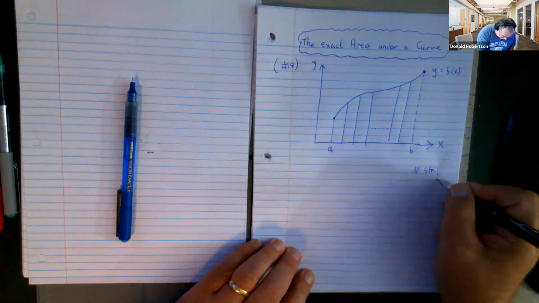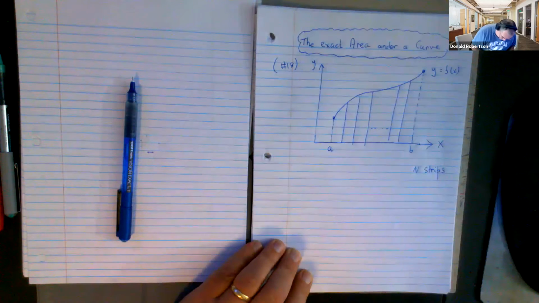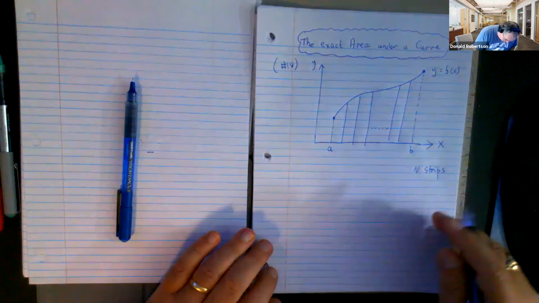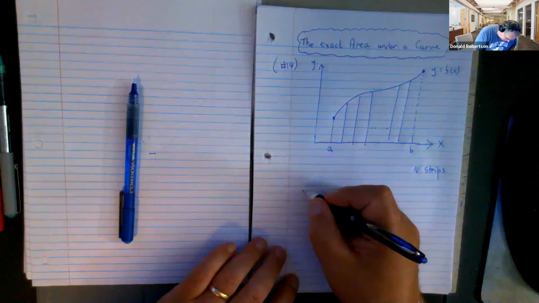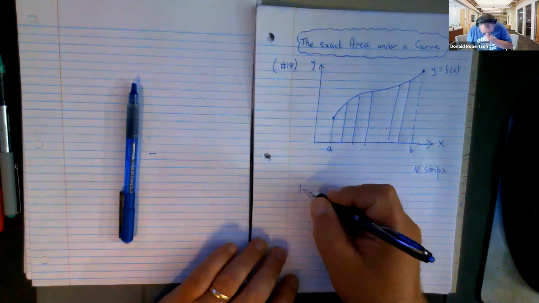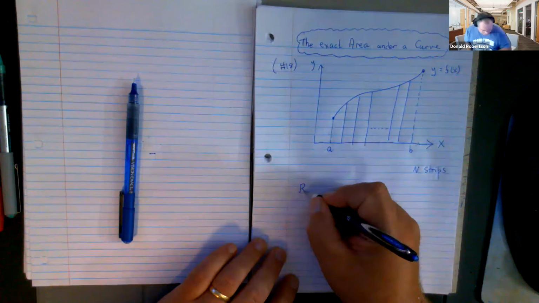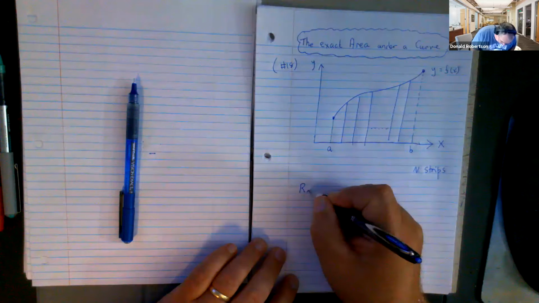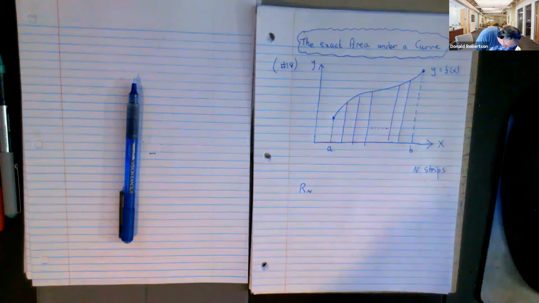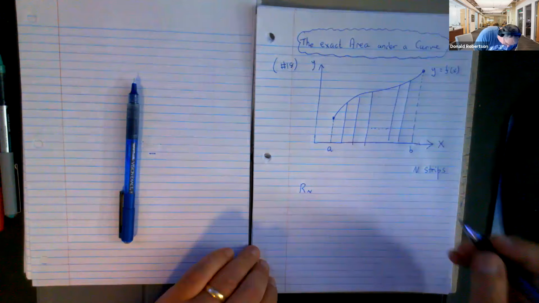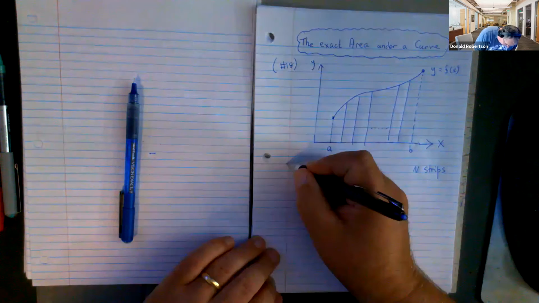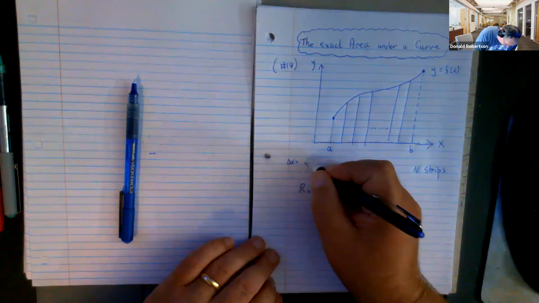So I would like to generate a formula for, what shall I do? Rn, I think, yes. For Rn. Now let's see what we can do. Well, I'll need to know what delta x is. And delta x is going to be B take away A over n.